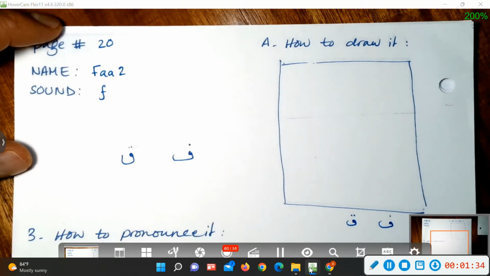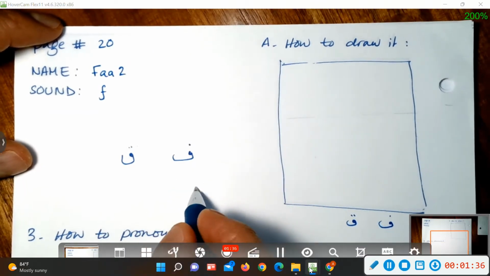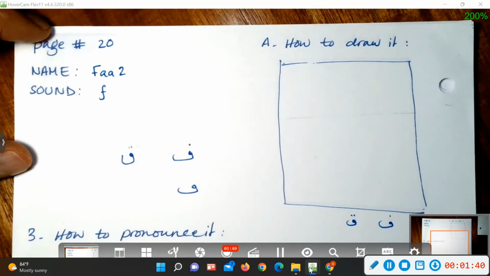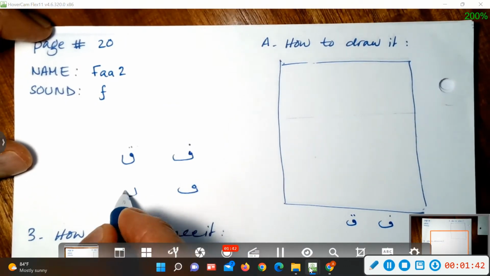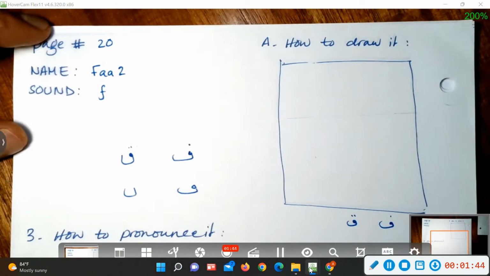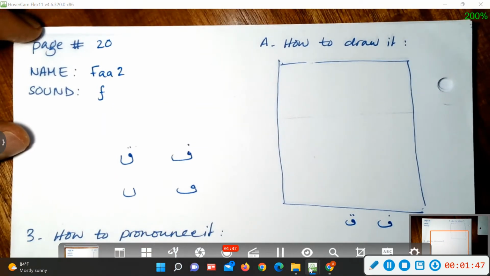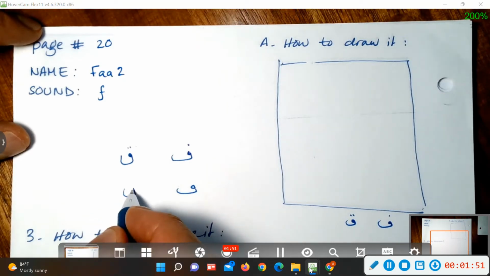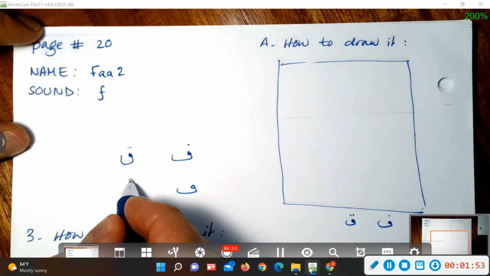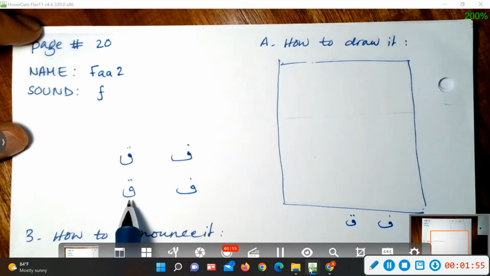So if you know how to draw Ba, you can draw Fa. Now if you know how to draw Noon, which will come later on, it's letter number 25, then we add a head with two dots, we will have Qaaf.